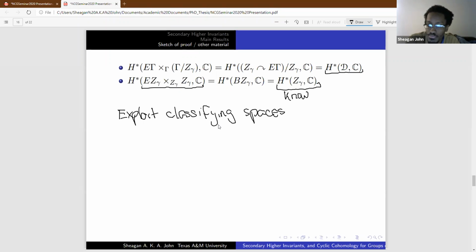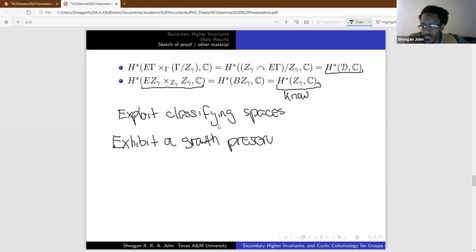And so what it boils down to is to exhibit a growth preserving isomorphism between these two spaces.